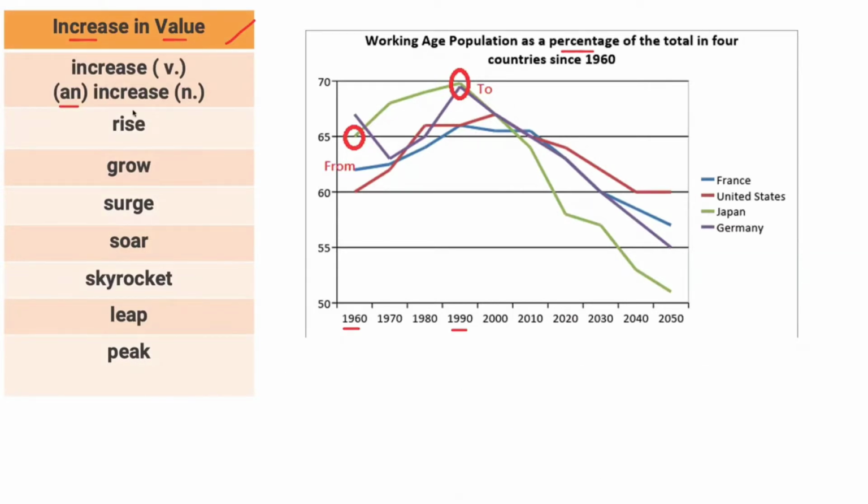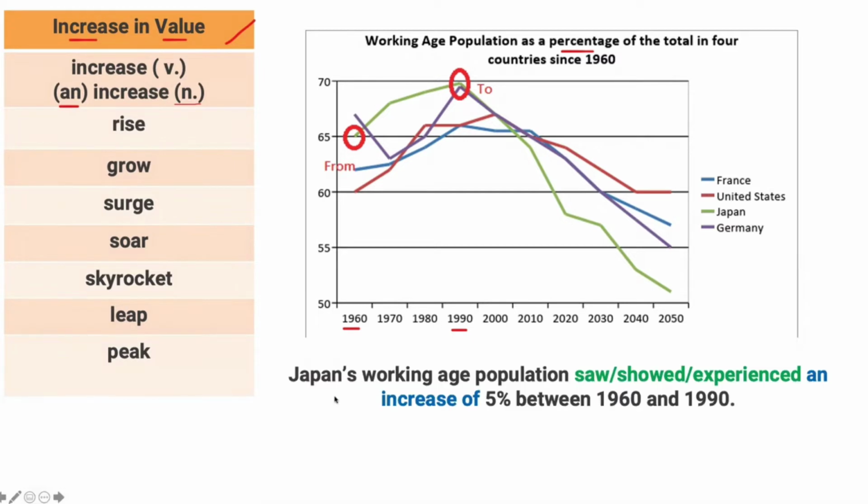Okay, now like I said earlier, we can also use increase as a noun. So let's look at an example of using increase as a noun. So we see here, Japan's working age population saw, showed, experienced, so you can use either one of these in green, an increase of 5% between 1960 and 1990. So if you use increase as a noun, obviously you'll need another verb to go along with that noun.